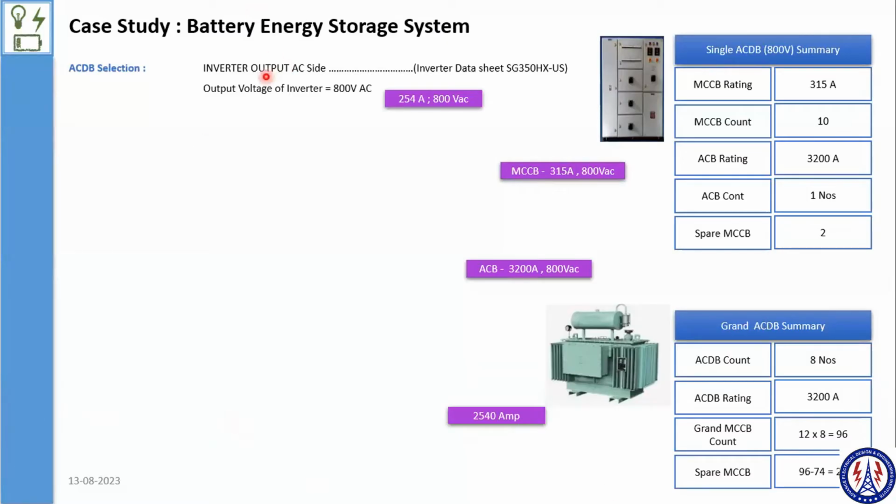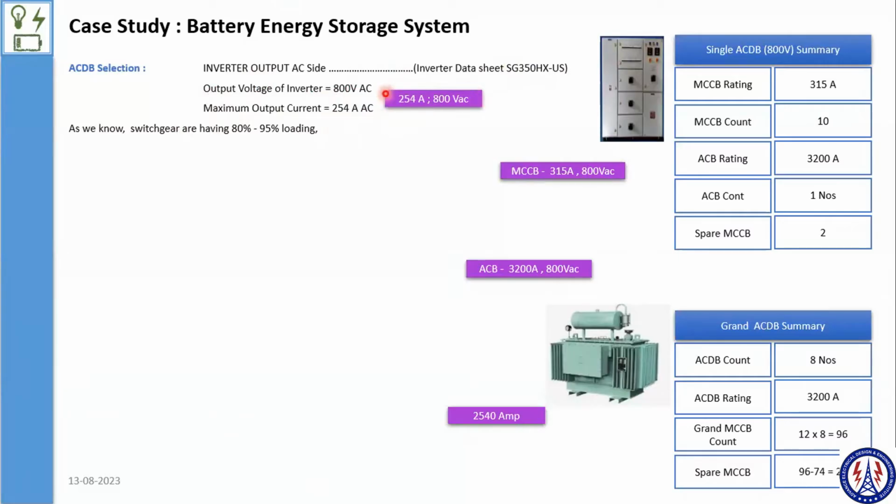On the inverter output AC, which is 350 HX, the output voltage is 800 volt AC, as stated in the data sheet, and the maximum output current is 254 ampere AC.